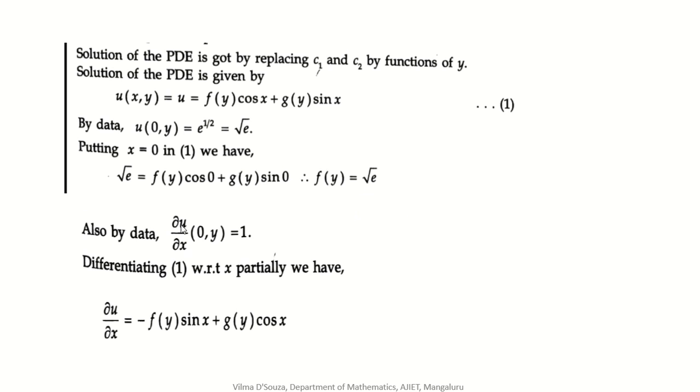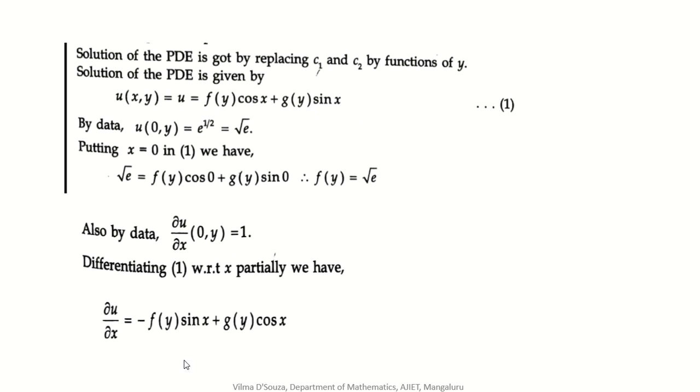Also given by the data, ∂u/∂x at (0, y) is equal to 1. So you have u here from equation 1. In order to get ∂u/∂x, differentiate this partially with respect to x.